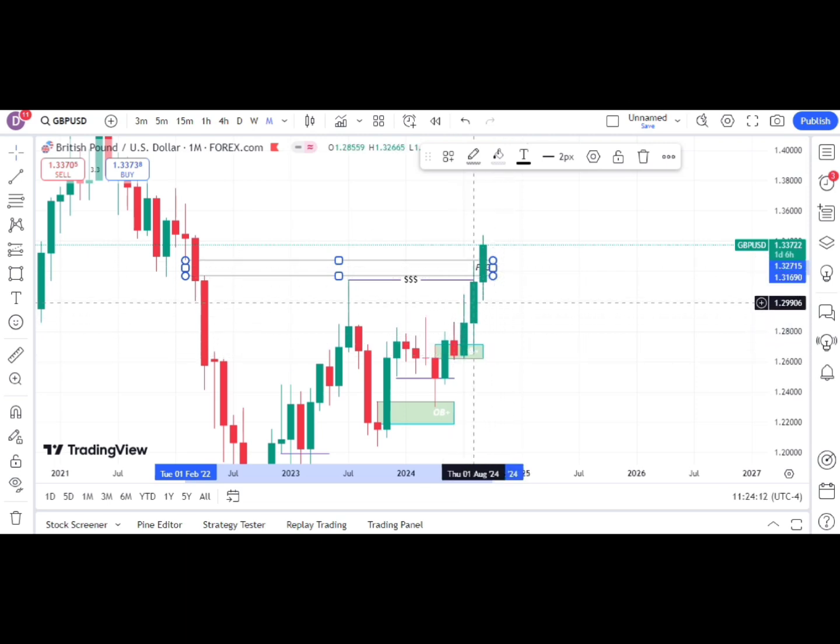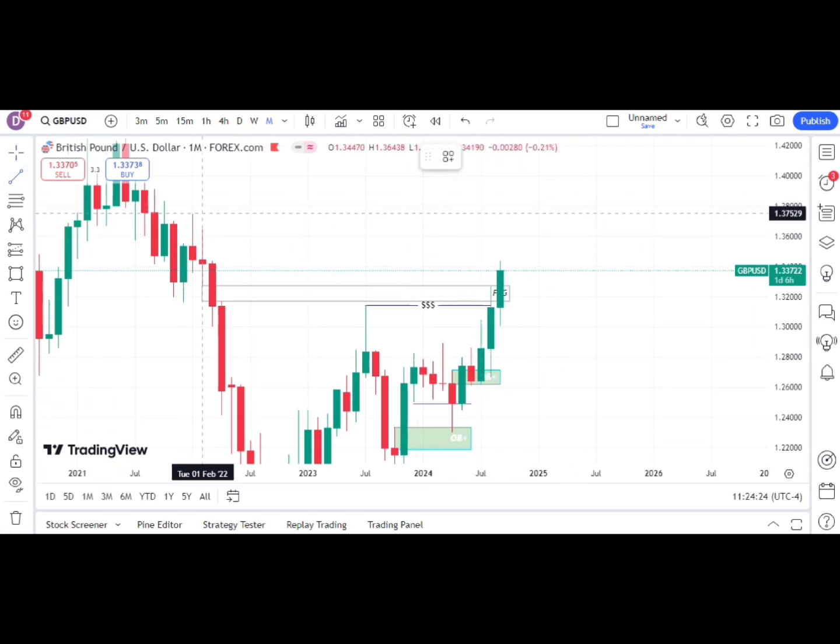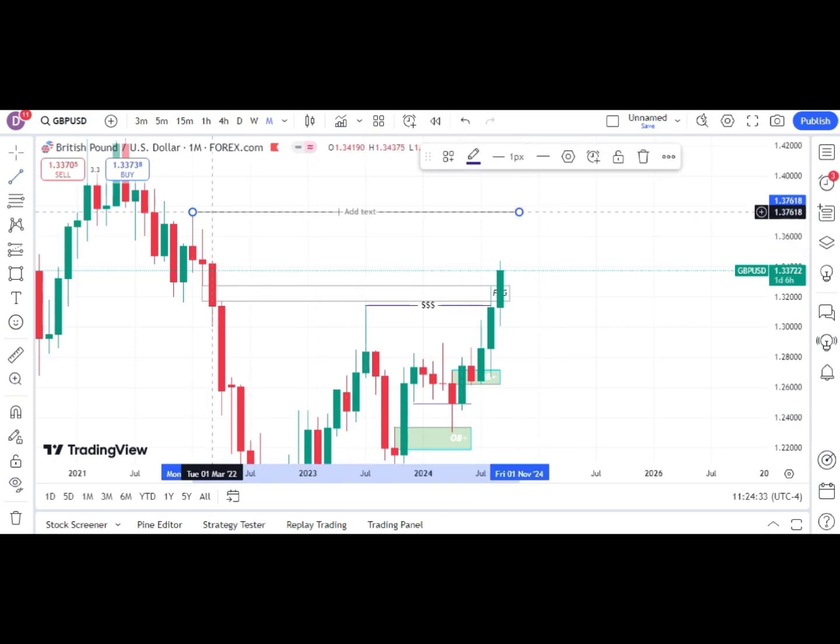But since we had this September monthly candle closed above this, it means that we're still going to go way higher, and my next target objective will be this buy side liquidity right here.